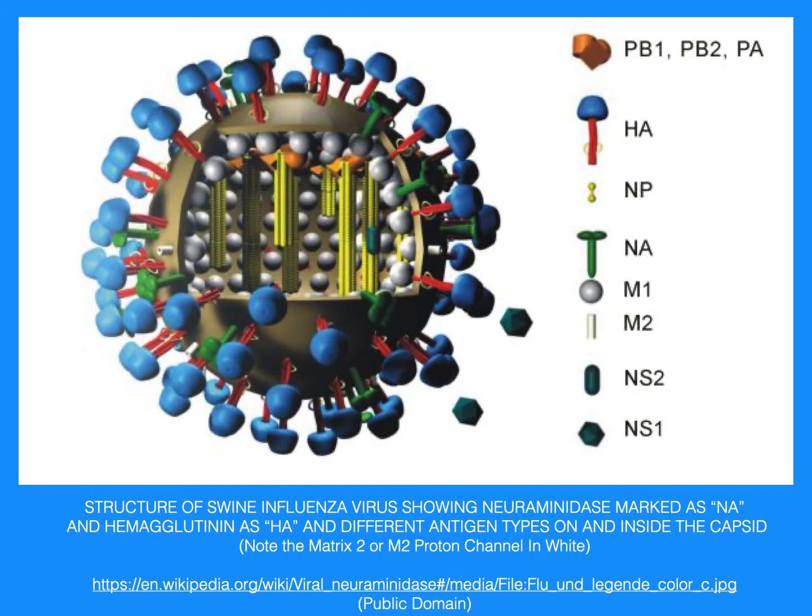Structure of swine influenza virus, showing neuraminidase marked as Na and hemagglutinin as Ha, and different antigen types on and inside the capsid. Note the matrix 2 or M2 proton channel in white.